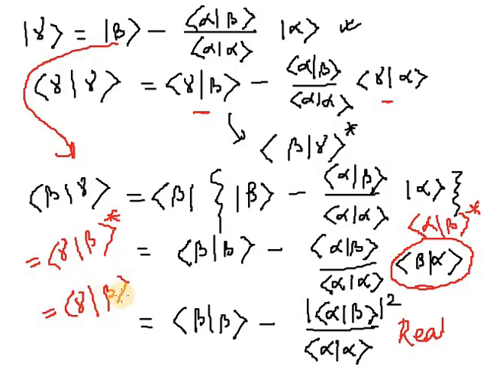Taking a complex conjugate of a real number does not matter. So beta gamma, what I conclude from here, is that beta gamma inner product is gamma beta inner product, which is equal to this quantity that I have here, right? This quantity. Okay. So the first part of whatever I was trying to figure out is here, right?